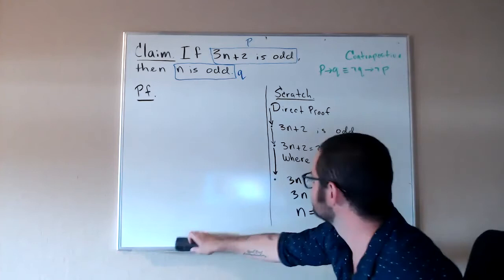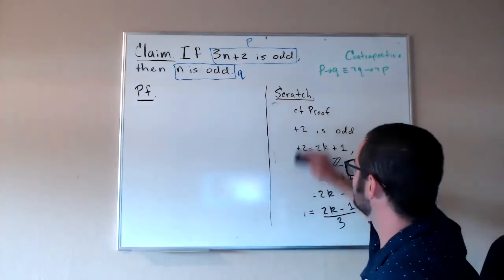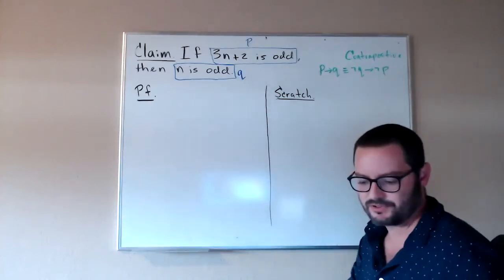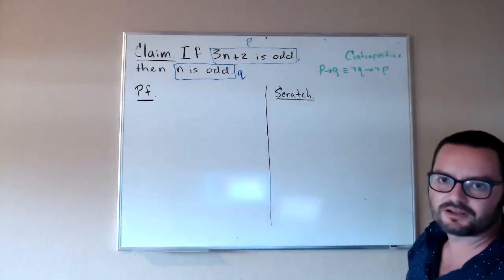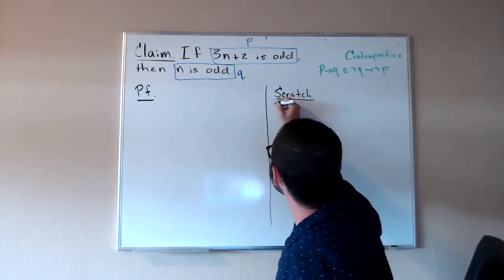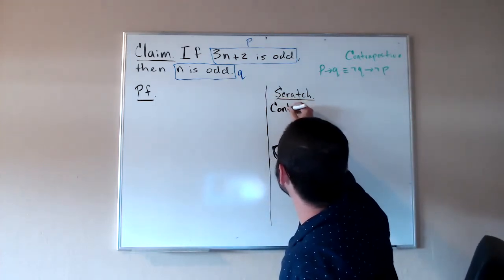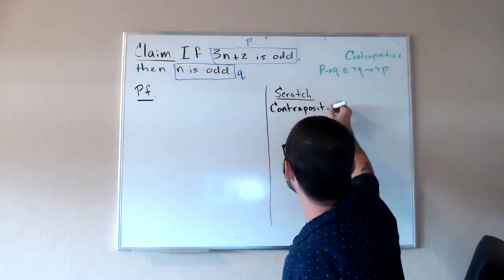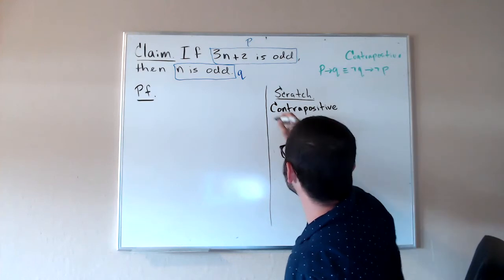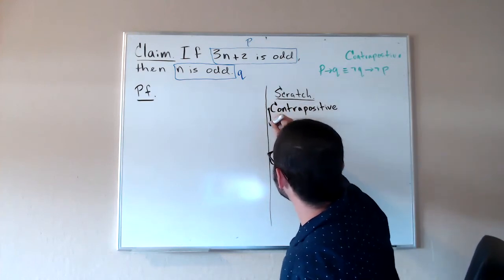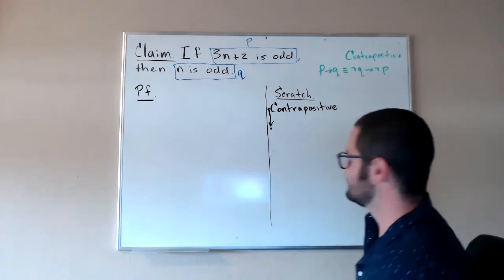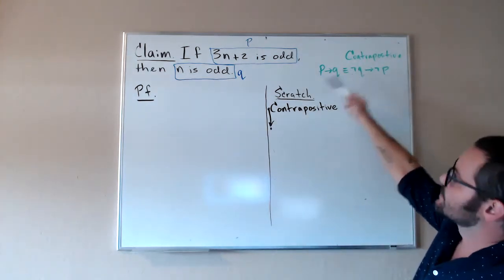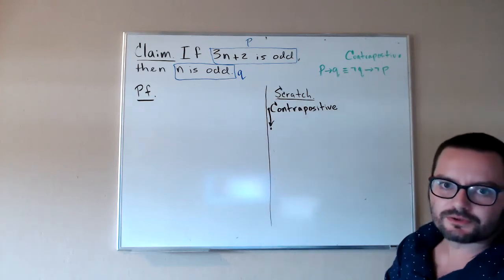So let's go and do this. We're going to try to prove this by proving the contrapositive. So the contrapositive, we're going to assume as our hypothesis the negation of Q, the conclusion here.